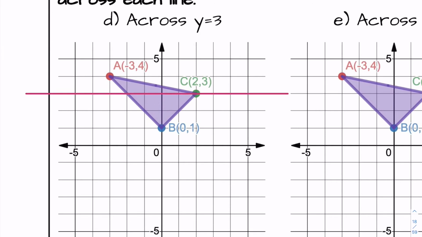And I'm going to leave C where it is. A is going to go down 1 and down 1. So there we go. A is all good. B is going to go up 2. So that's B prime. There's A prime. And then C prime stays exactly where it is. And we connect.